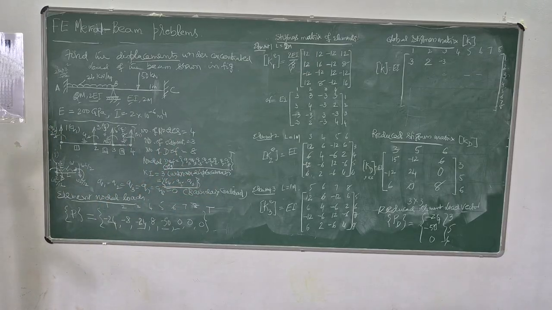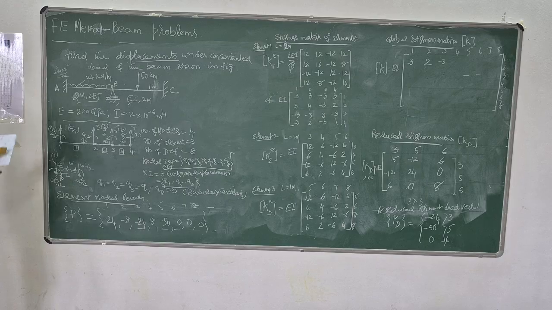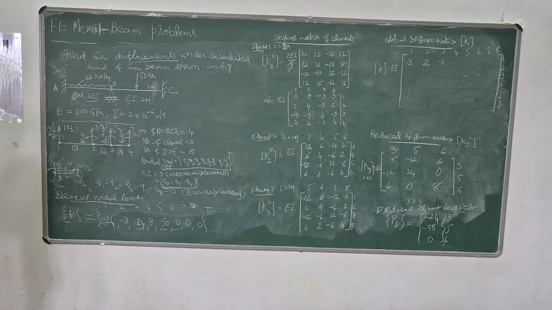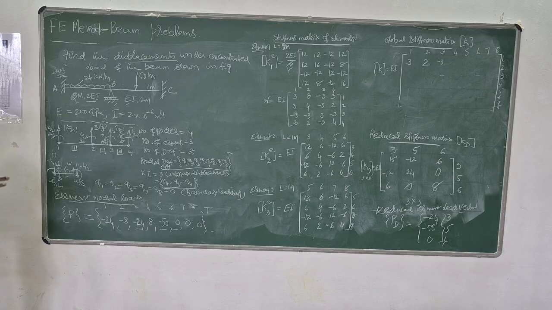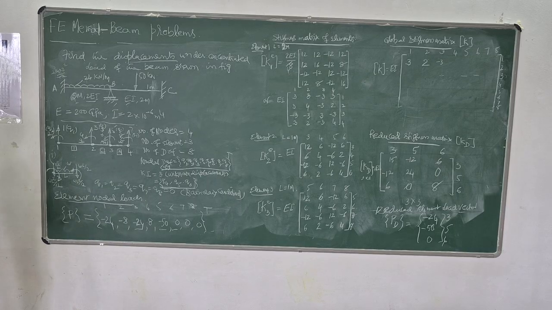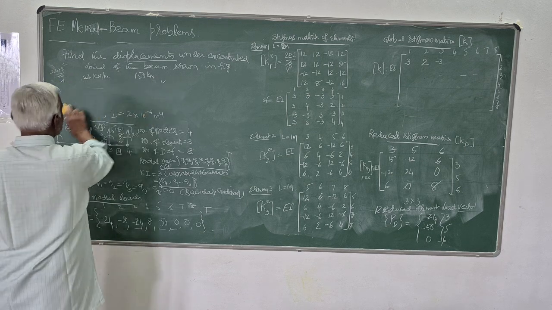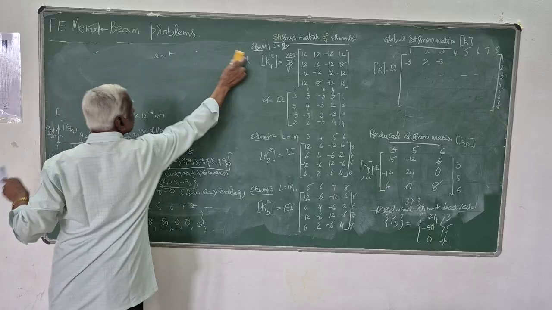Then you can use the global or structure equation KD into D, unknown displacement, is equal to PD. You solve it, you get the displacement. That's the flow of the system. So that completes the problem.